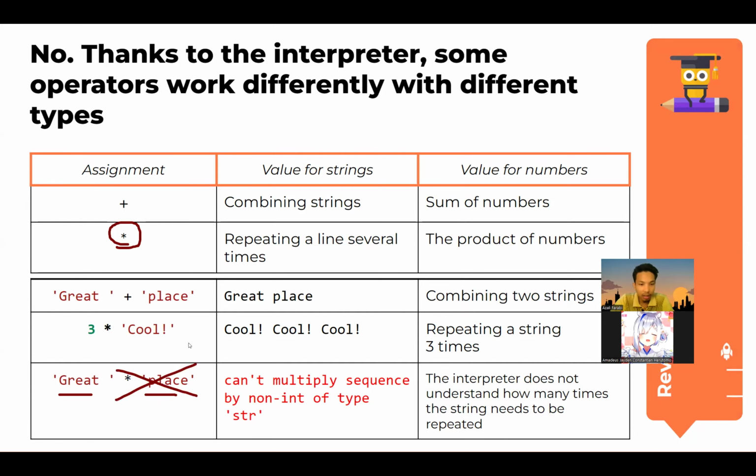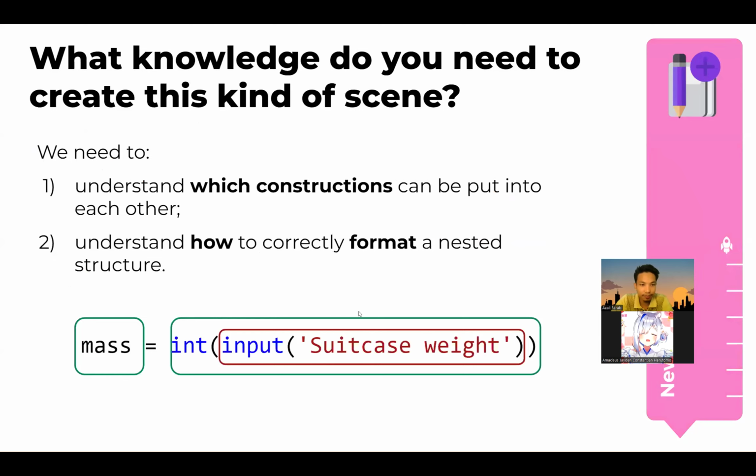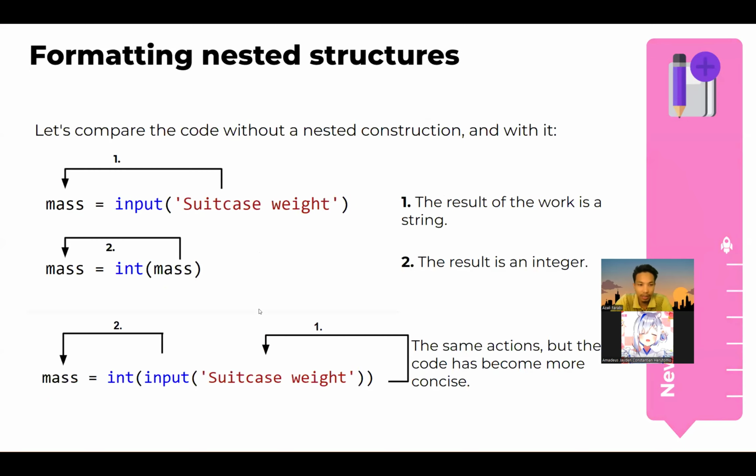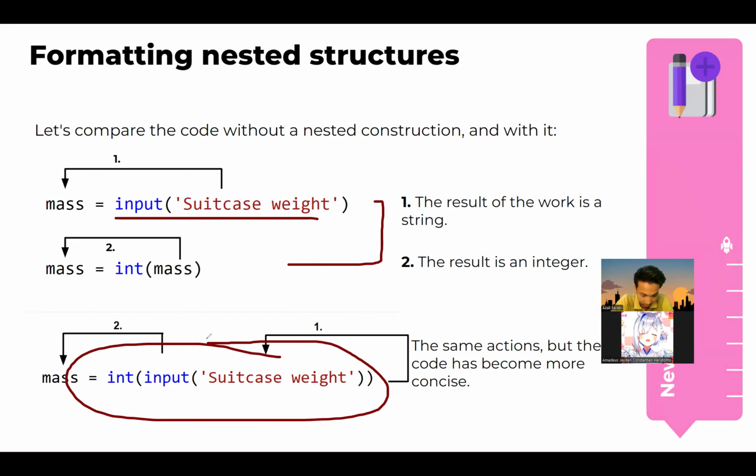Now, the next thing is, how could you nest your code? Well, we just need to do something like this. If you have two lines of code here, you can do something like this to nest the input inside the integer. But you cannot do something like this, Jaden.